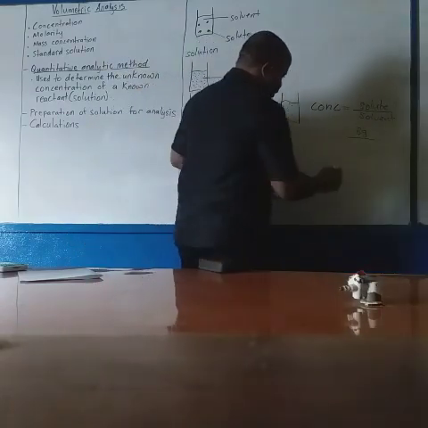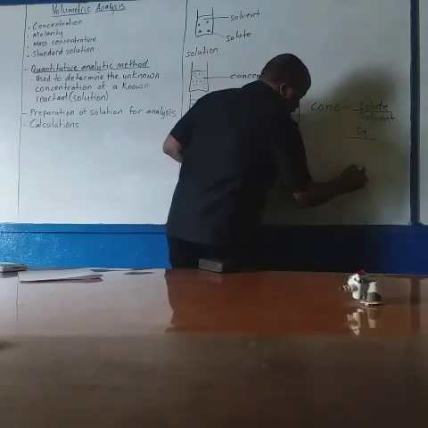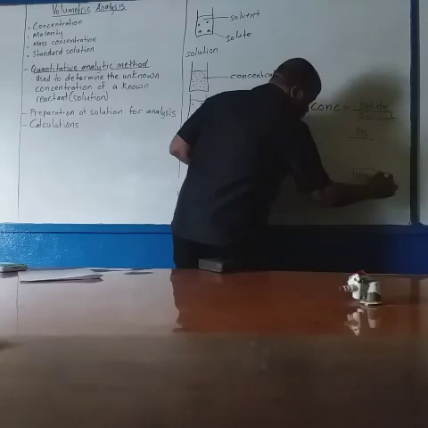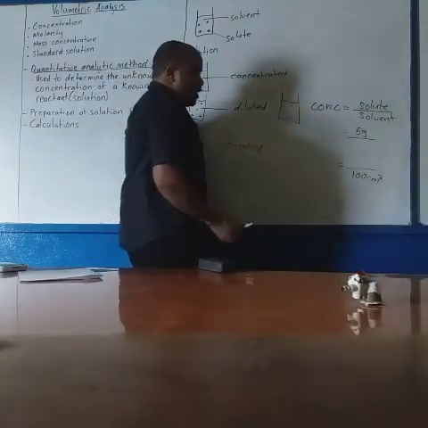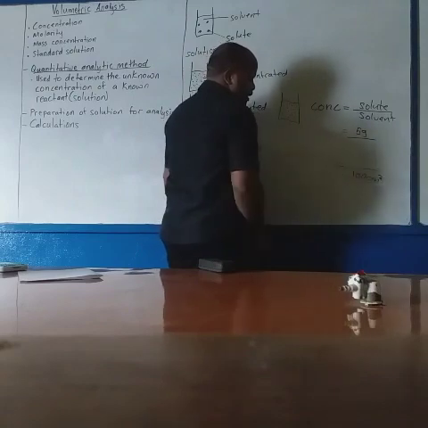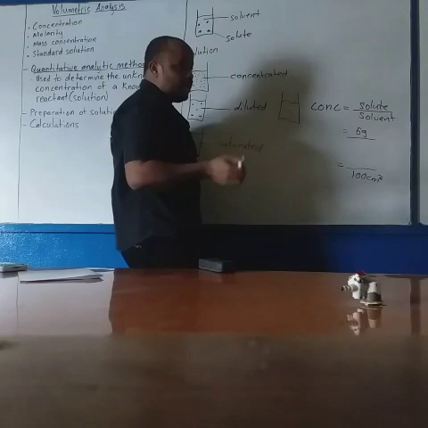Likewise, if you just added some salt to 100 cm³ of water, then again you cannot calculate the concentration if you don't know the mass of the salt you added. So if you know only one of the two, you cannot calculate it.